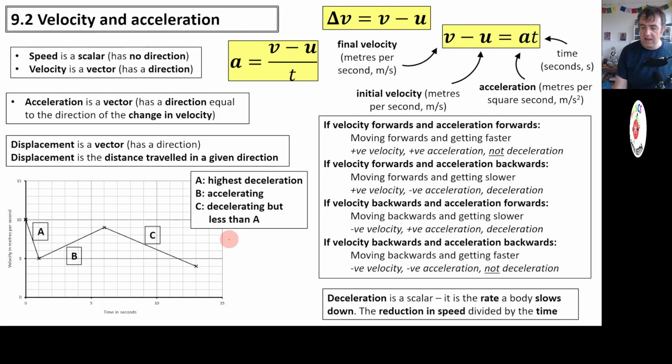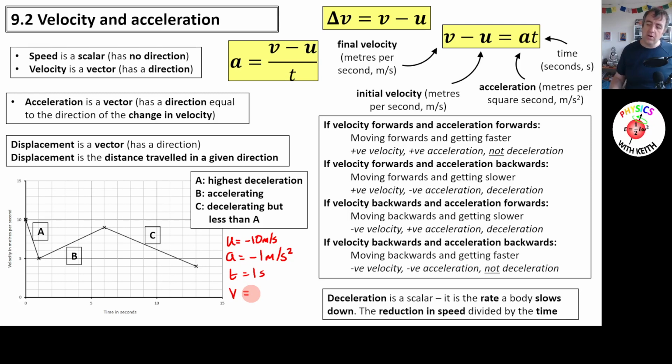And the final case, our initial velocity is backwards, 10 meters per second. Our acceleration is backwards, negative 1 meter per second squared. And let's have 1 second. And you can see how this is working now. If our initial velocity is negative 10, we add our acceleration on every second. So negative 1 meter per second for 1 second means I'm adding negative 1 meters per second to my velocity.